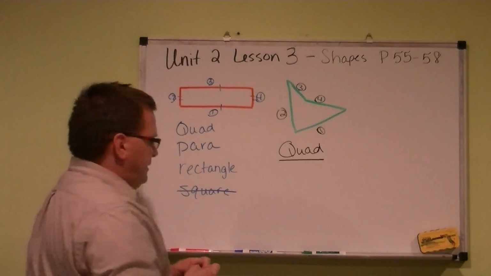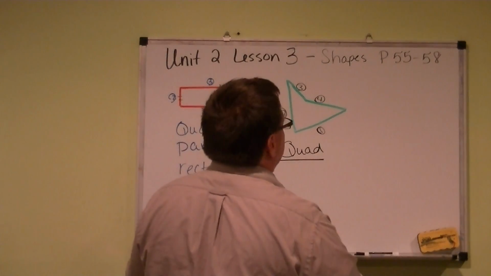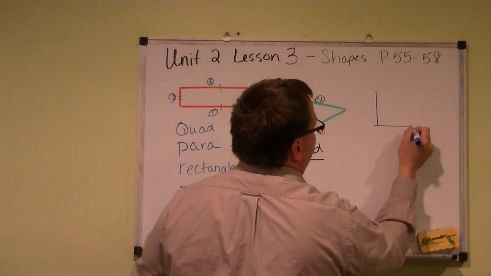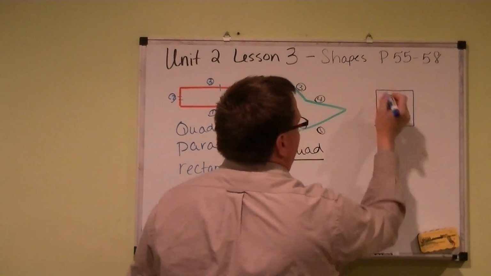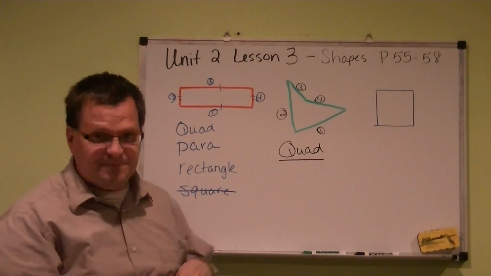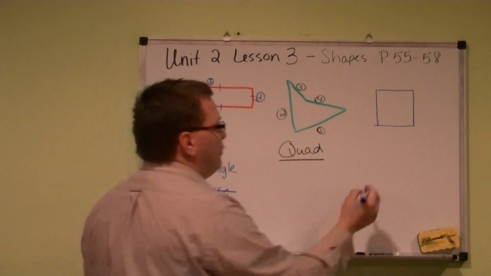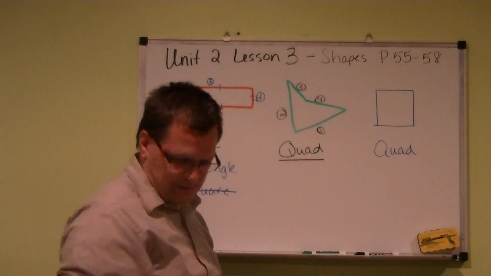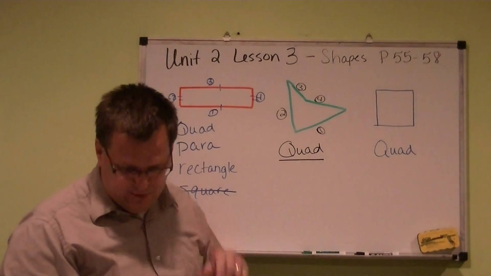The next one looks like a square. So we can do our best on this board. All right, how many sides does it have? Again, it has 4, so it is a quad. And then, is it a parallelogram?